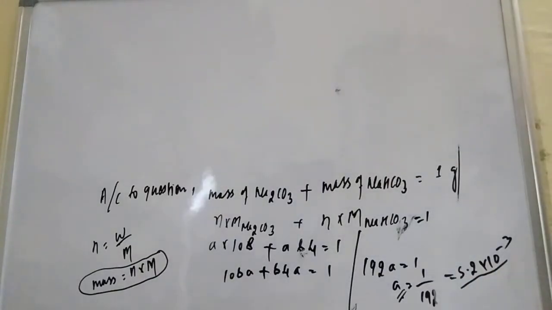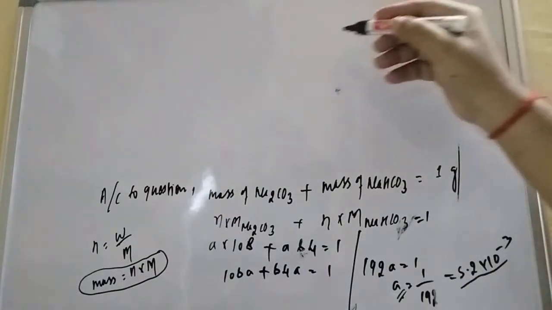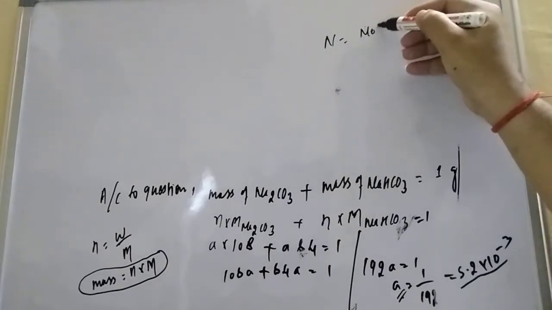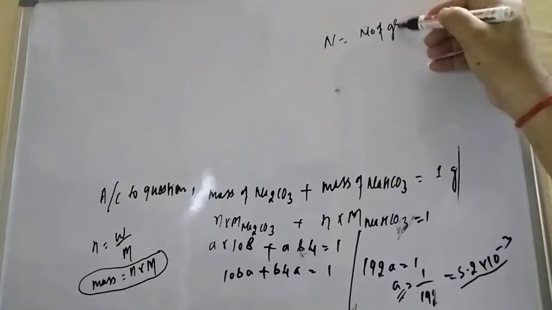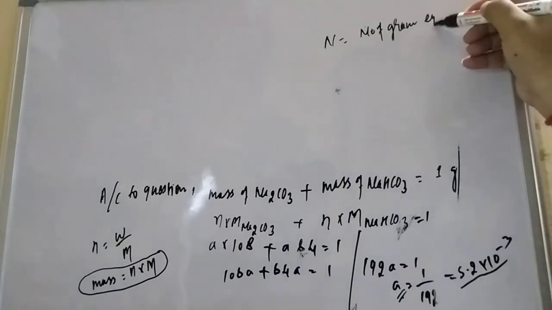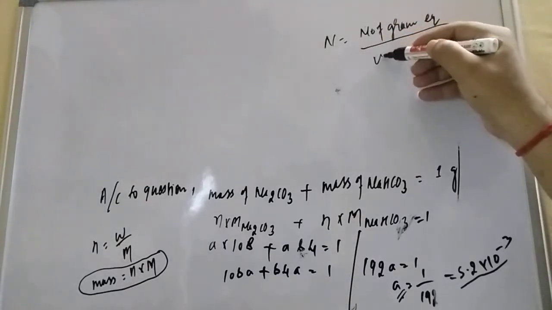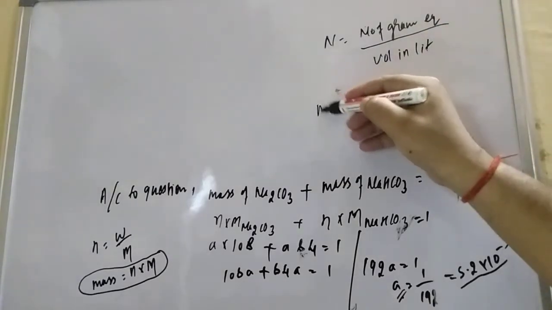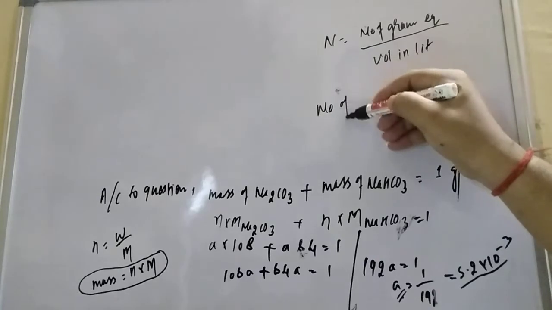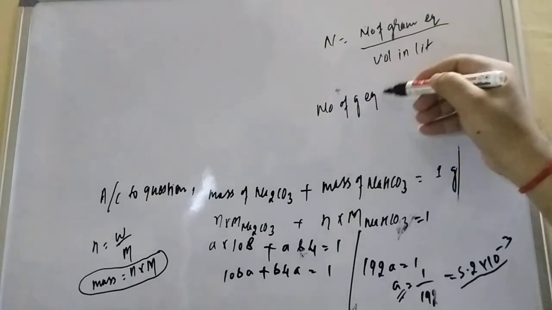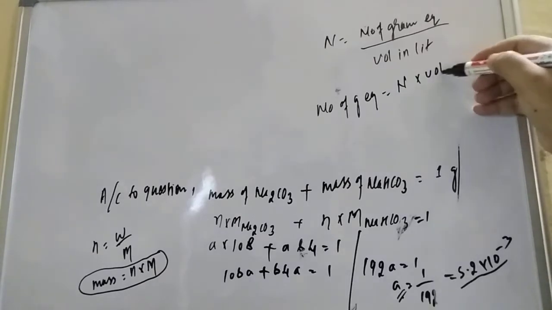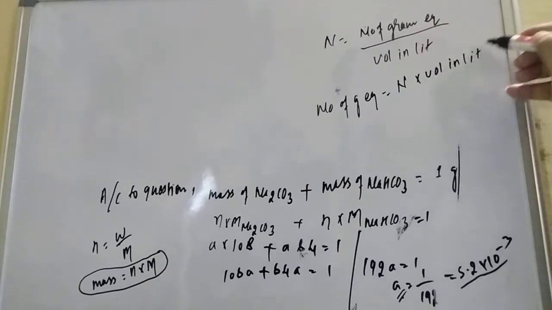Dear student, what is the neutralization reaction they are saying? So normality is equal to number of gram equivalents divided by volume in liter. Number of gram equivalents is N into volume in liter.